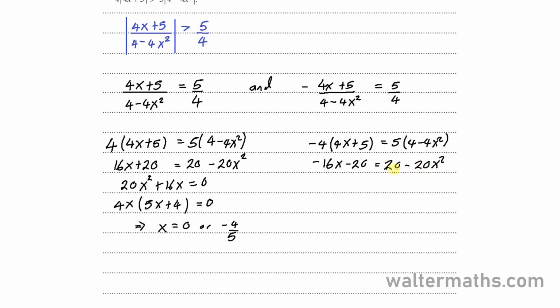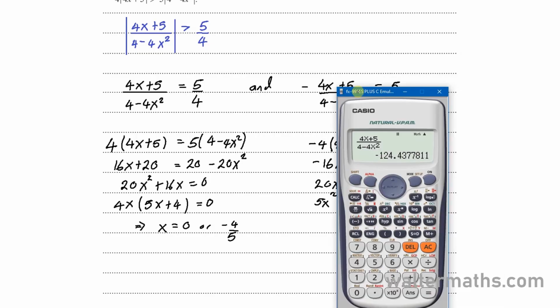So we can simplify this to get 20x squared minus 16x minus 40 equal to 0. Dividing both sides by 4, we get 5x squared minus 4x minus 10 equal to 0. So we can actually solve this quadratic using the calculator.